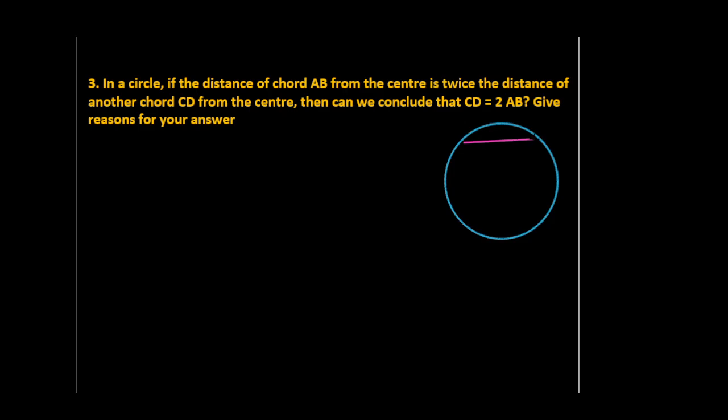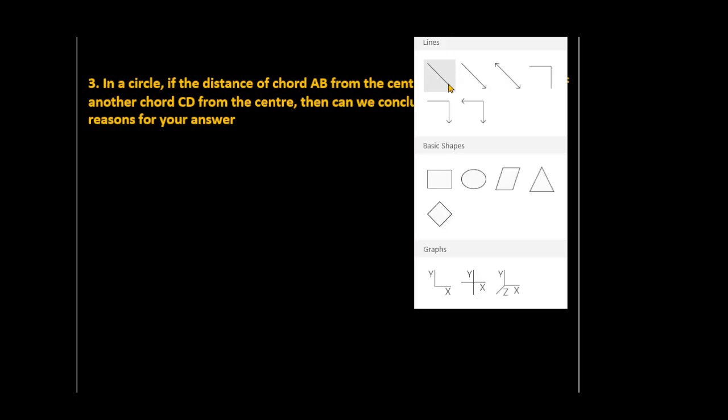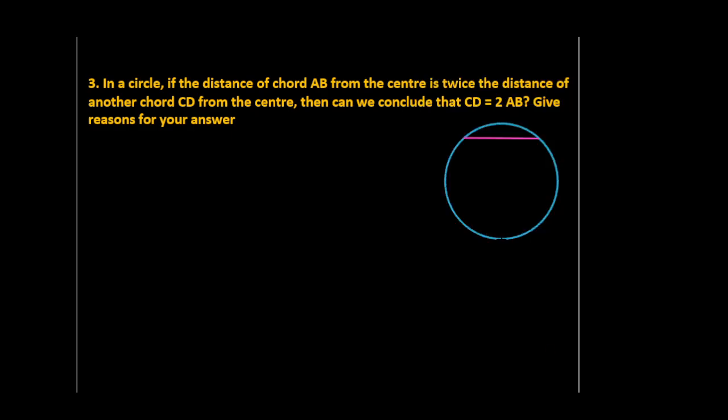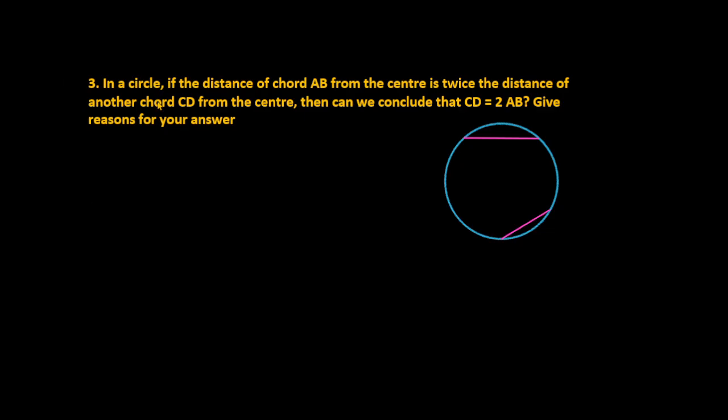Suppose this is chord AB, and another chord is CD. Then the center of the circle is O.